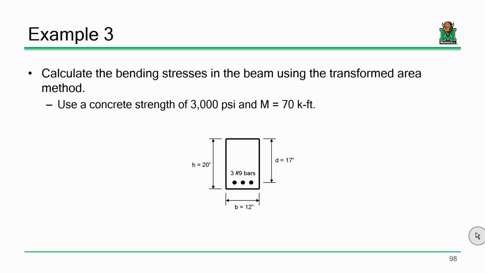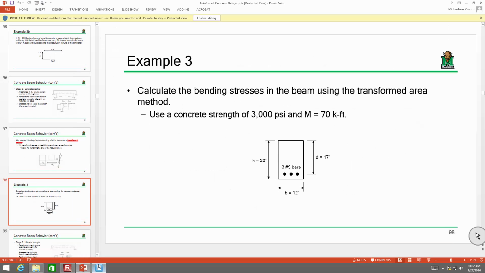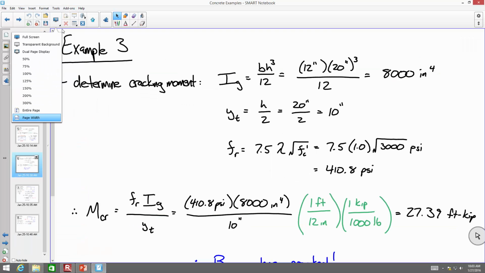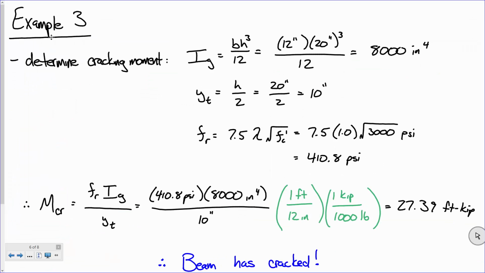So I want to go back to our notebook and go through the math a little bit and make sure that we're clear on what was going on. We were given this rectangular beam subjected to some load. We need to first determine, are we dealing with a beam that is cracked or not? So we calculate the cracking moment.